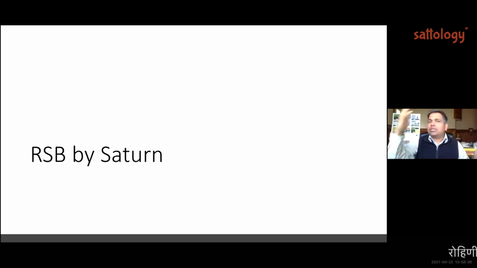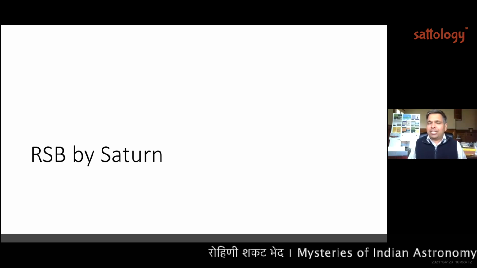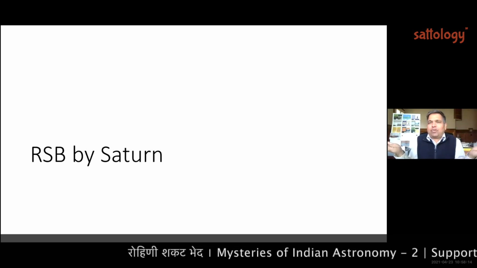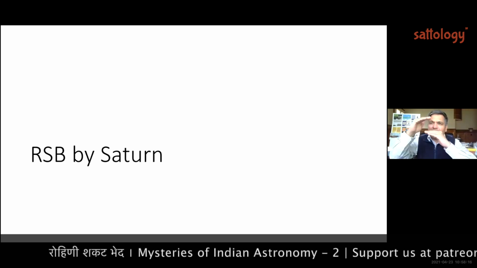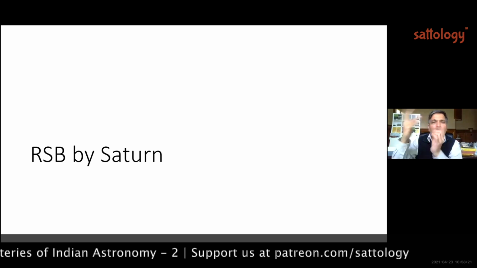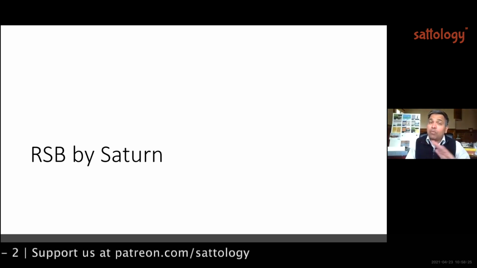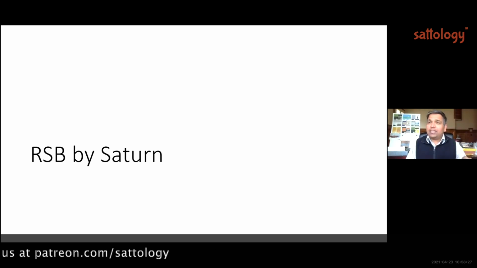Because in his time, or whatever the calculation time period he was looking at, which is 3000 and after, he could sense that it will not happen. So he said, hey, that's not what Rohini Shakata Bhed is. If even Mars or Saturn come close to that star Garga within 2 degrees, it can be considered Rohini Shakata Bhed. So remember, he completely modified the definition. Funny enough, he said Saturn does it, but he did not accept Mars can do it.